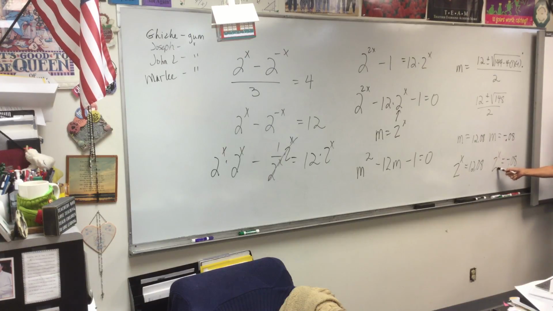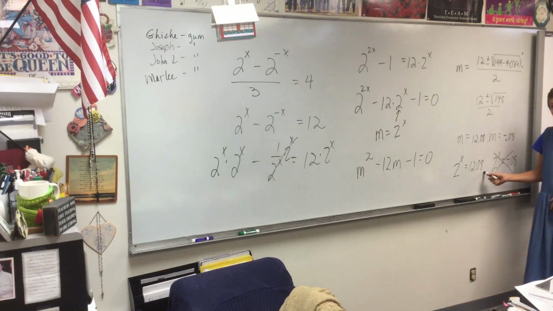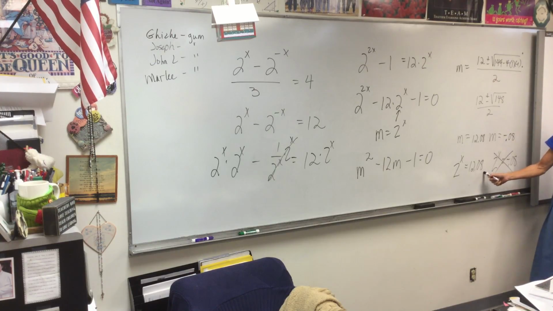Can you raise 2 to a power and get a negative number? Extraneous, just like the last time. We have an extraneous one. This one, however, we can do. How will we solve that? Look where your variable is.